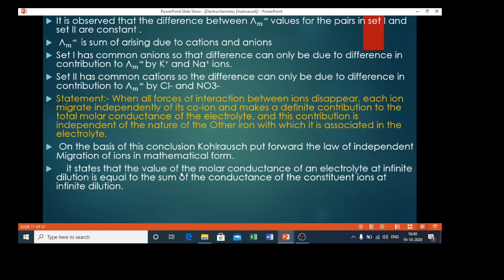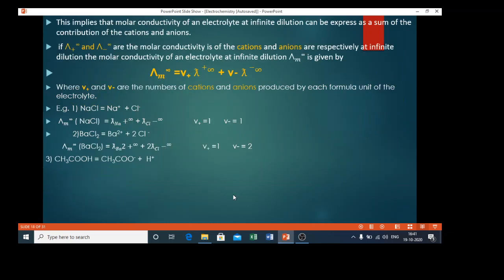It states that the value of molar conductance of an electrolyte at infinite dilution, lambda m, is equal to the sum of the conductance of the constituent ions at infinite dilution.